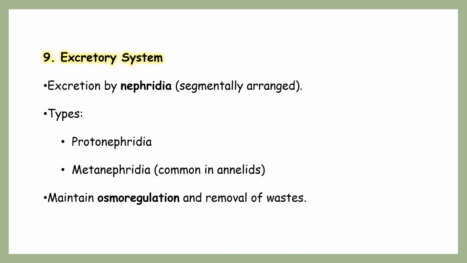And in the phylum Annelida, two different types of nephridia are present: protonephridia and metanephridia. The most commonly seen nephridia in annelids is metanephridia. With the help of these nephridia, they maintain the body's water balance, that is osmoregulation, and they also assist in removal of waste from their body.